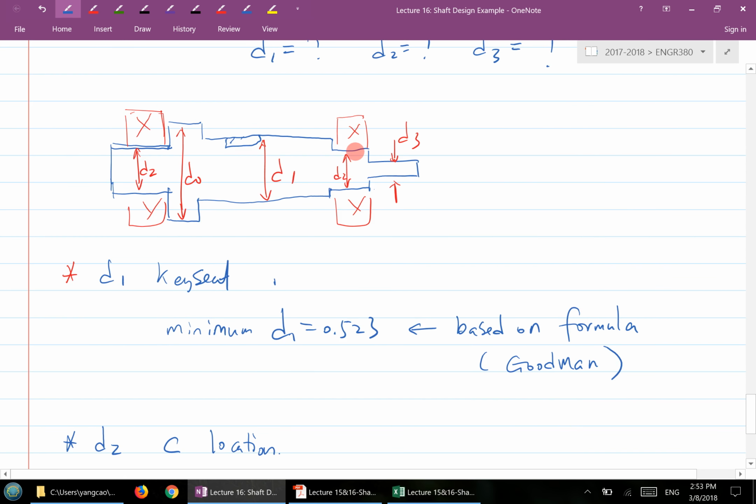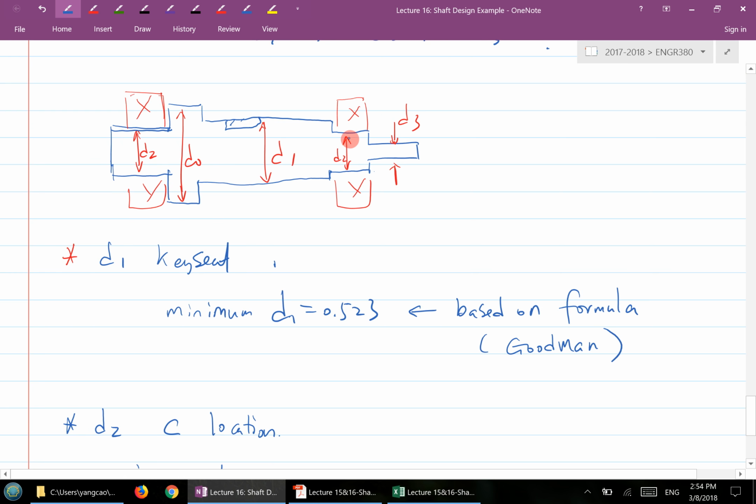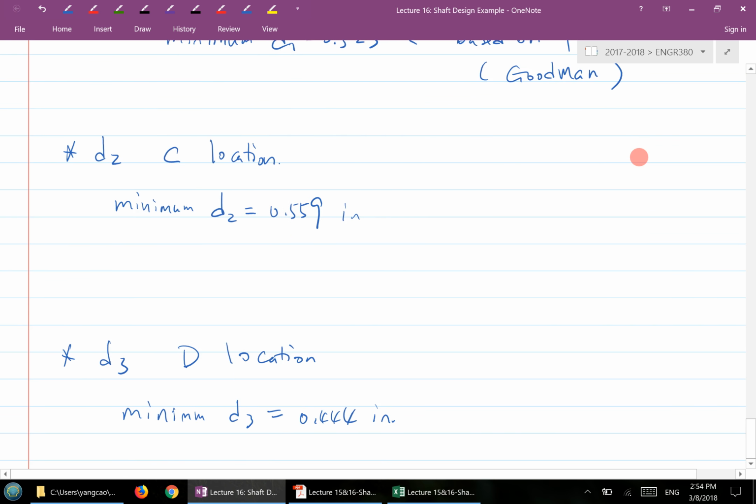C location is this location here, which has the same diameter as this side here, where the bearing is mounted, D2. So we also have to look into the bearing catalog. The shaft size here has to be considered at the same time with the bearing bore size.